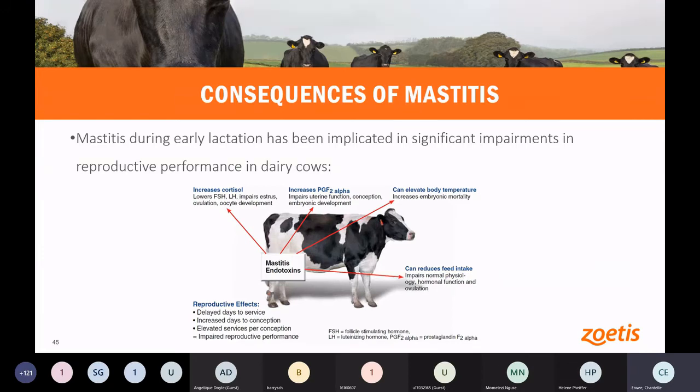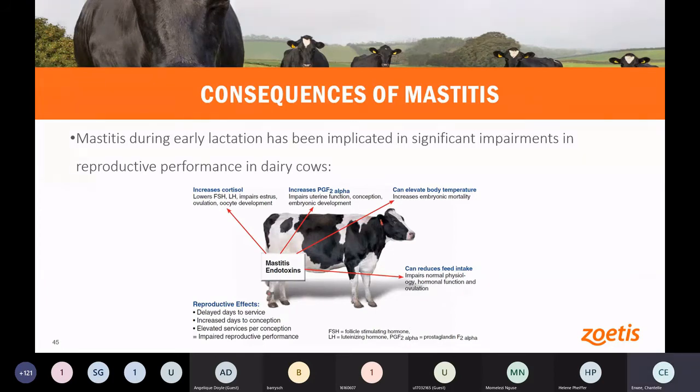That fever that they develop from mastitis can also lead to embryonic mortality or to abortion, and then that reduction in feed intake, especially if they are systemically ill, obviously also has long-lasting effects.